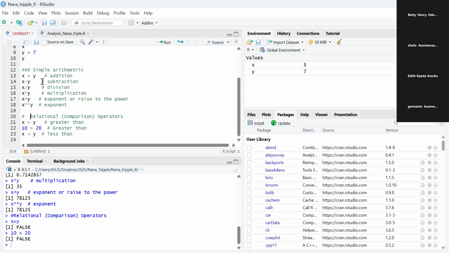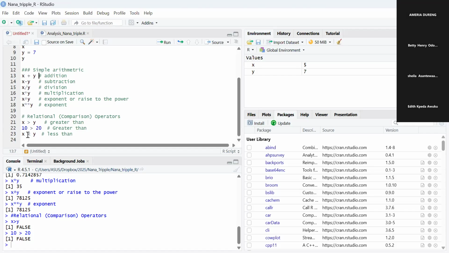Yes, exactly. I'm also telling R that whenever you get there, this is a comment. Don't run it. So it's not a command that you should run and give me any answer. Okay, thank you. You're welcome.